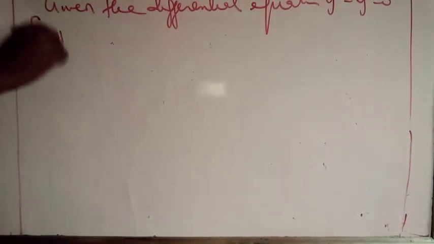All right. Now, we are given the differential equation y prime prime minus y is equal to 0.